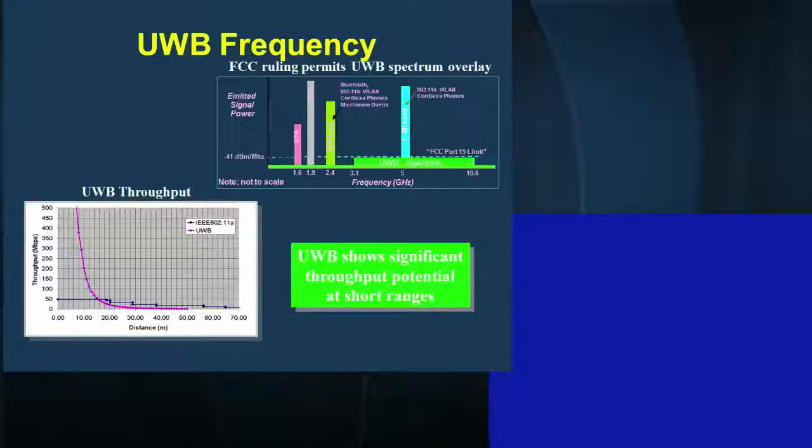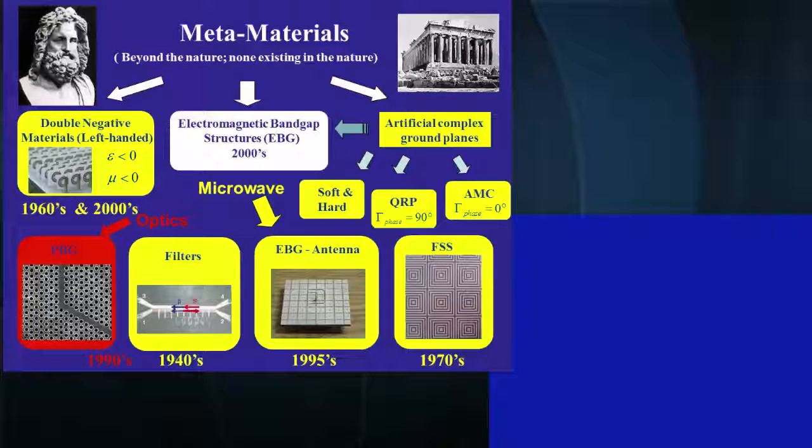I may just say a word about metamaterial. I want to jump over some of the viewgraphs here. You probably have heard a lot about metamaterial. This is a paradigm that's getting a lot of attention.